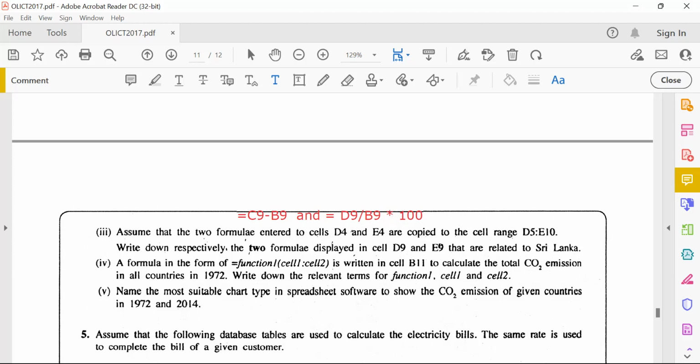Right, fourth one. A formula in the form of function(cell1, cell2) written in B11 to calculate the total CO2 emissions of the countries in 1972. Write down the relevant terms of function, cell1, cell2. The question asks simply to type, we can say sum, B4 to B10.